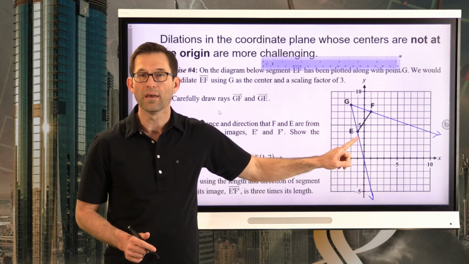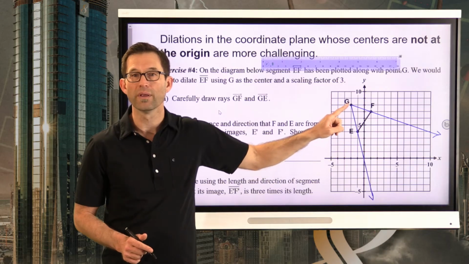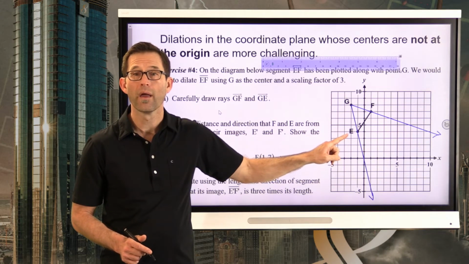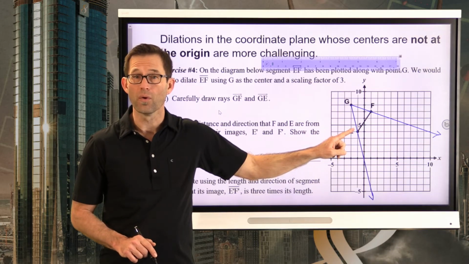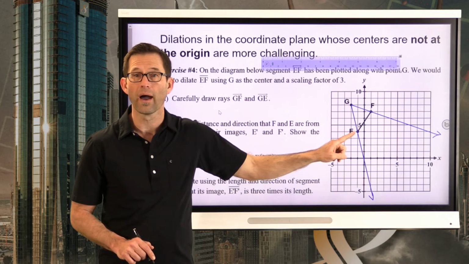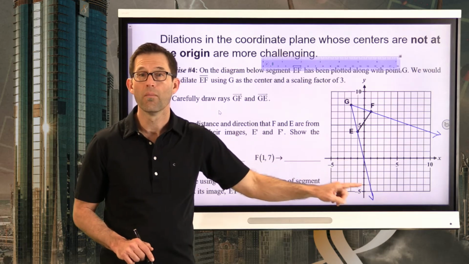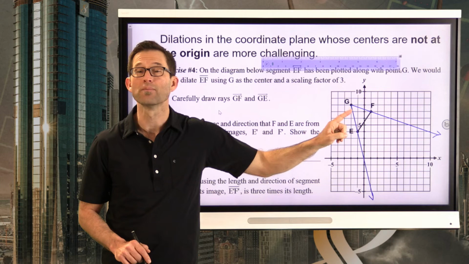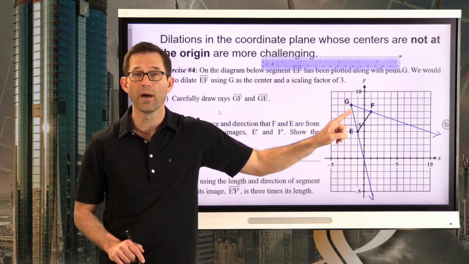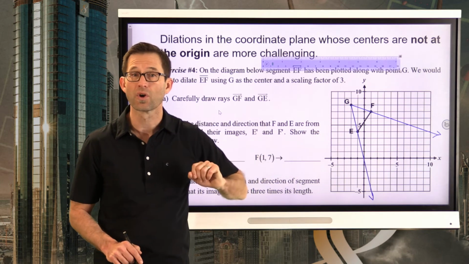Okay, point E, I can get to point E from point G by going down 4 and to the right 1, right? So what I want to do is I want to do that 3 times, so my point E prime ends up being 3 times the distance from G that E started with.